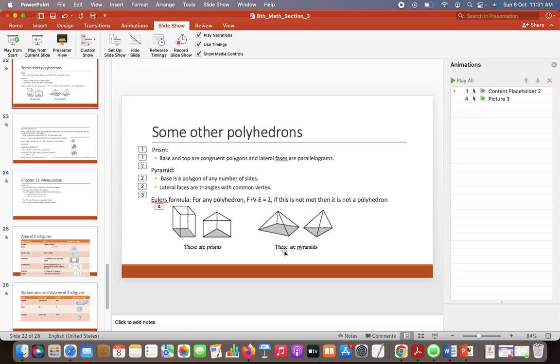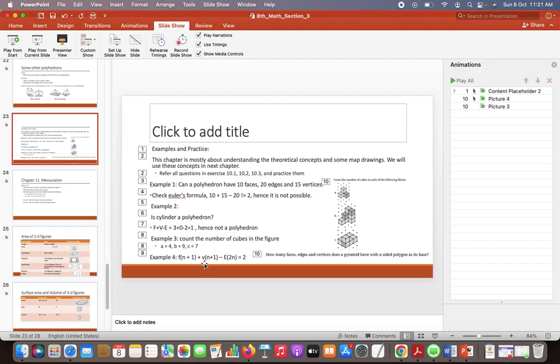Edges: the base polygon has n edges, plus for every base vertex there is a side edge, so 2n edges in total. So this is what is going to be updated. Earlier I confused this pyramid with a prism, so the data was wrong, but now it's correct.